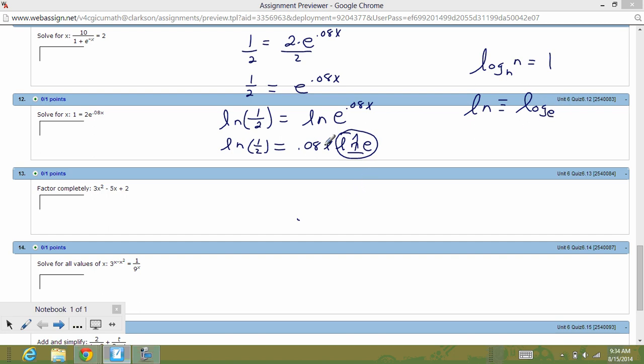So then from there, we divide by the 800ths. And so it's the natural log of 1/2 divided by 800ths. Okay. That's a final answer there, which is kind of a strange looking number, but that was the solution we were looking for.